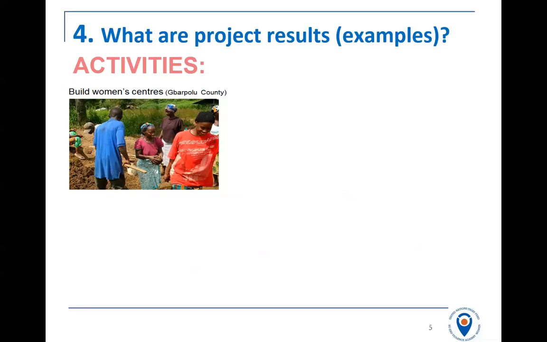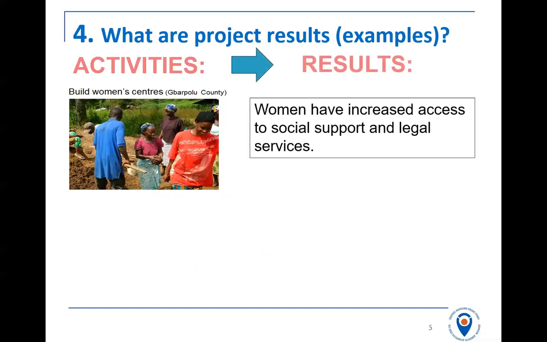If you just build a center, there's no guarantee that it will be used, that women will access it. The result from that would hopefully be that women come to the center, and this is just an example, you could use any other example. Women would come to the center and they would access social support and legal services.